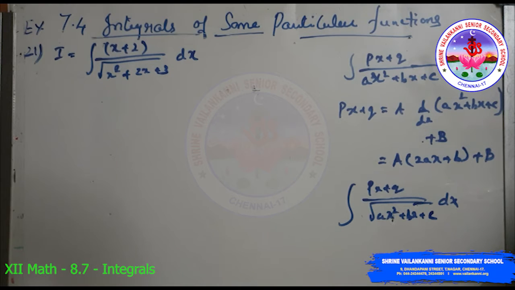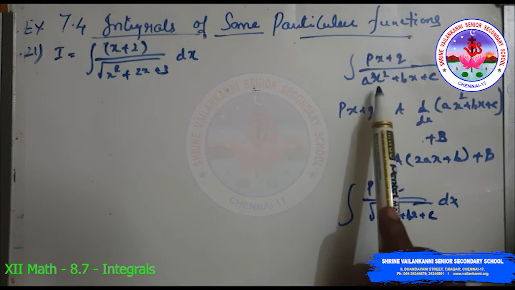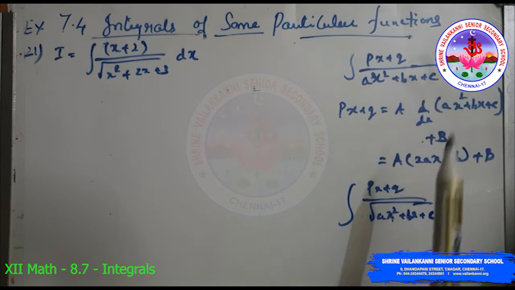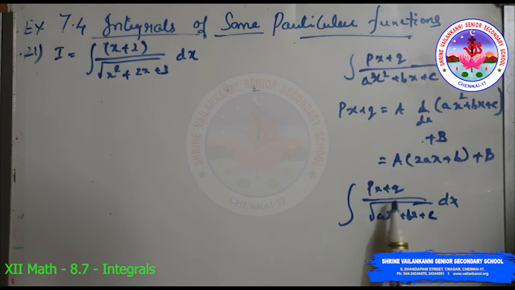So next, functions of the type integral of (px plus q) by (ax square plus bx plus c) into dx, or integral of (px plus q) by root of (ax square plus bx plus c) into dx, where p, q, a, b, c are constants.